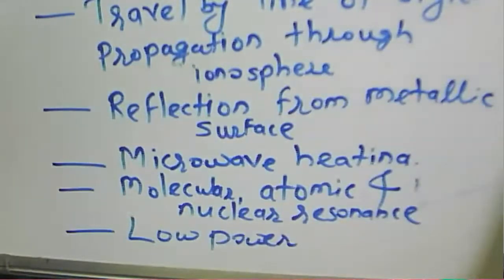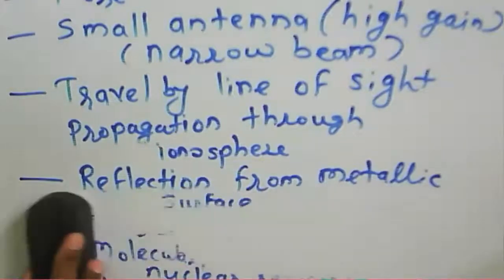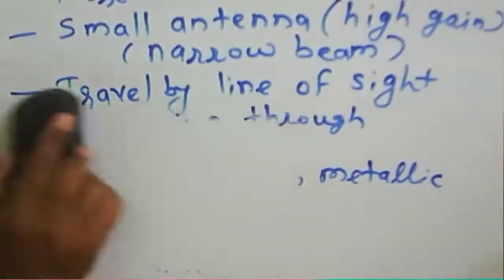Because of that narrow beam, your antenna can work for low power operation, or we can use microwaves for low power operation. So these are the characteristics of microwave frequency.